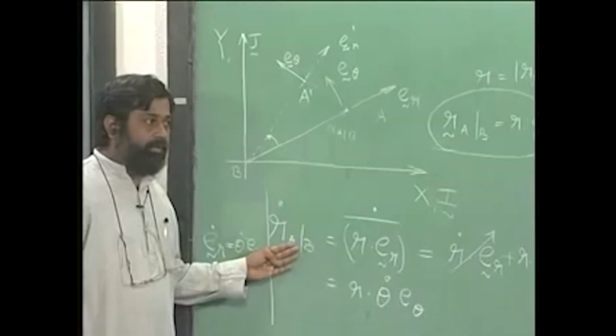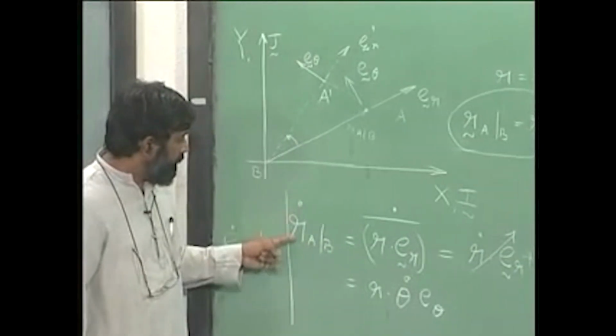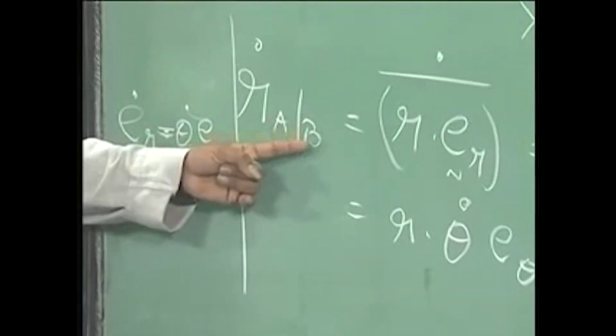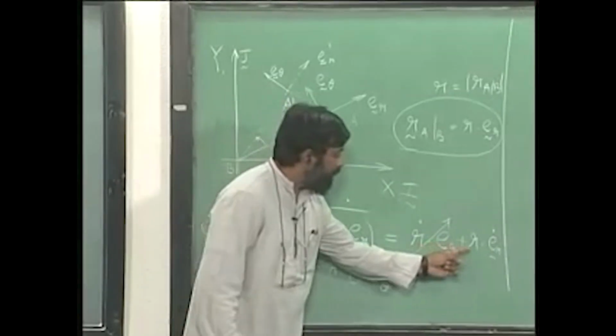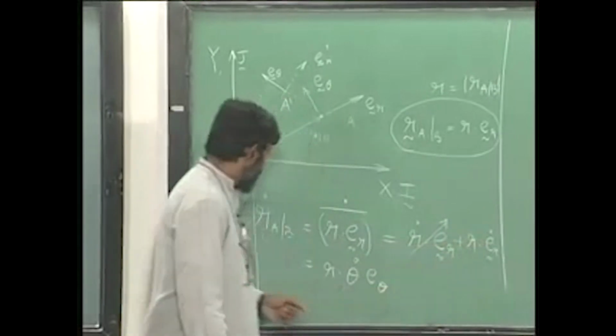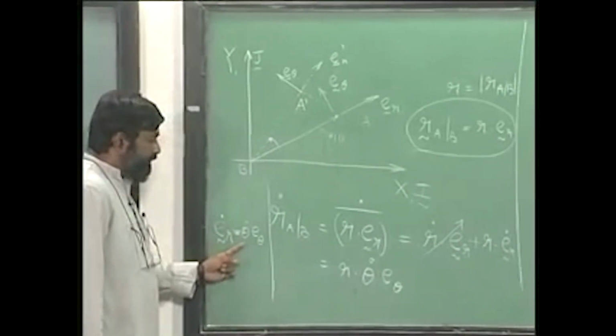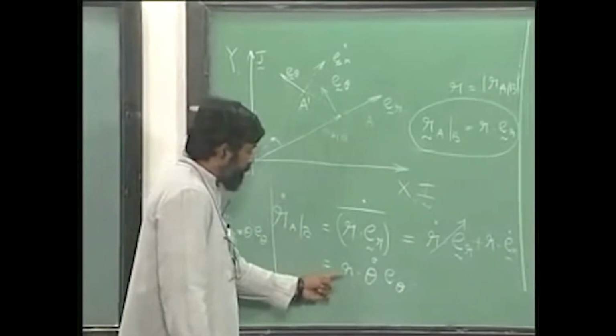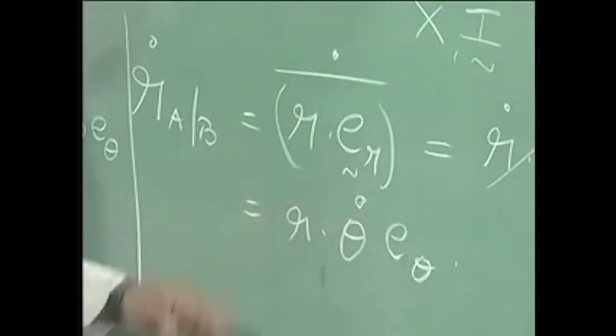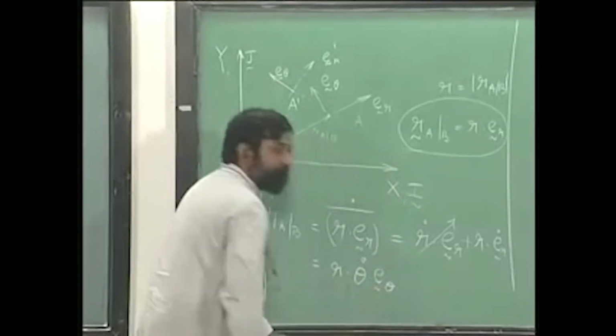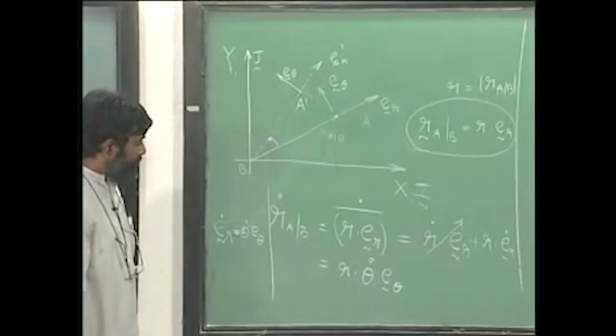Therefore if I go back to this, what is the derivative of R A with respect to B? It is equal to R times ER dot, but ER dot is equal to theta dot E theta. If I substitute, I get R theta dot E theta, okay.